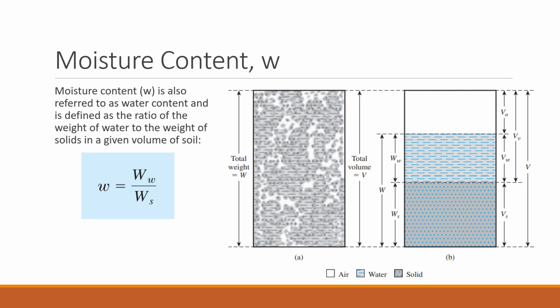So kasagara may encounter yun natin. So, what is really moisture content? From the word itself, moisture content is also referred to as water content sometimes. Moisture content, the same lang na sila sa water content, is defined as the ratio of the weight of water to the weight of solids in a given volume of soil.